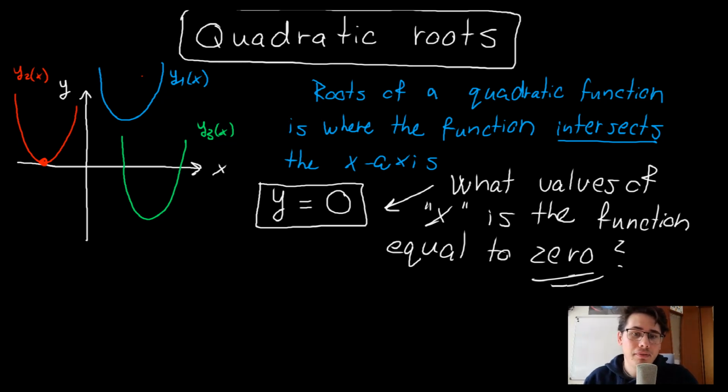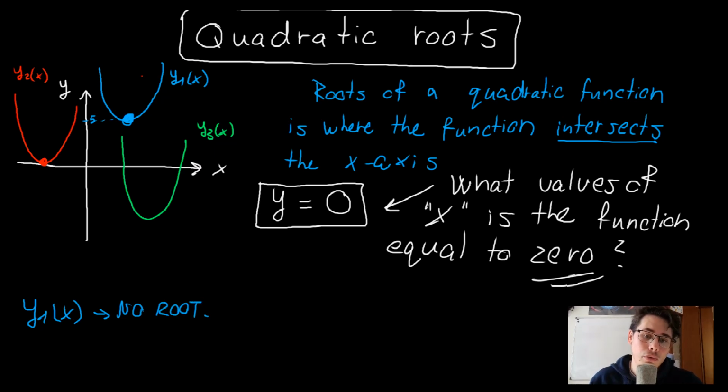So do we have a point where the value is 0? The answer is no. The lowest point is right here. This is the smallest point, and we see that it could be a 5. It's definitely not a 0. So in the blue function, there are no roots. So y1 of x has no roots.